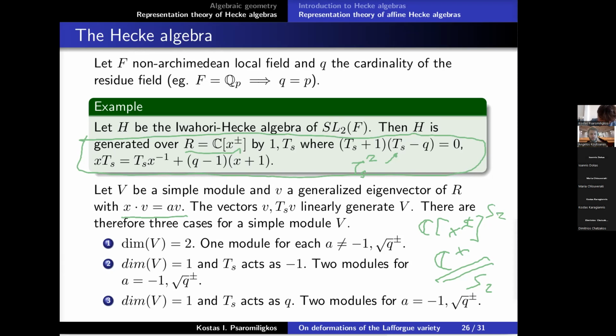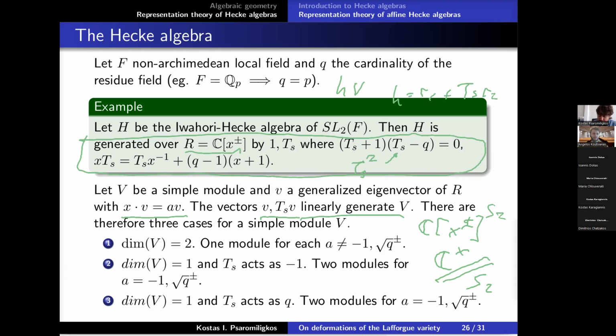I claim these two vectors, v and T_s v, linearly generate the whole space. Why? Because the module is simple. That means any vector can be written as hv for some h in the algebra. But every h in the algebra can be written as some element of R plus T_s times some other element of R. Why?